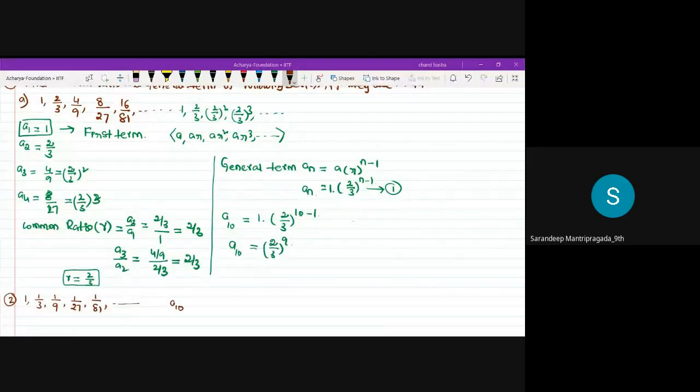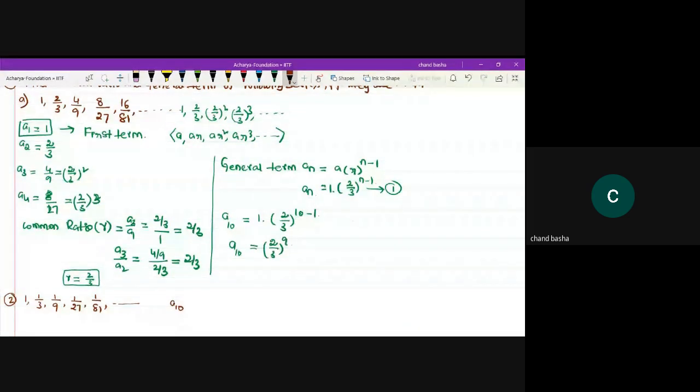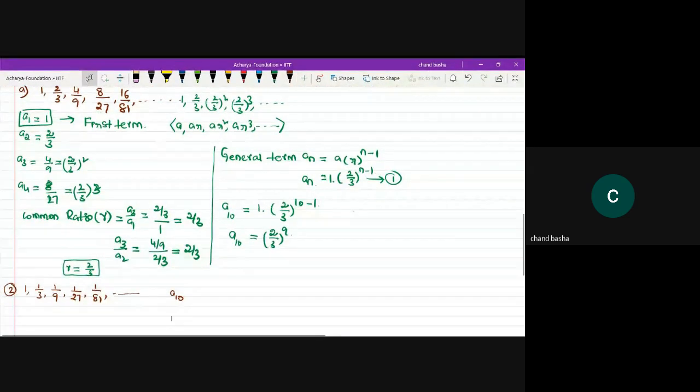Sir, common ratio is 1 by 3. Very good. Sir, and general term is 1 into (1 by 3) power n minus 1. Sir, and for the 10th term, it is 1 by 3 power 9. Very good. It is the same as the previous question, but just power 2 is not there.